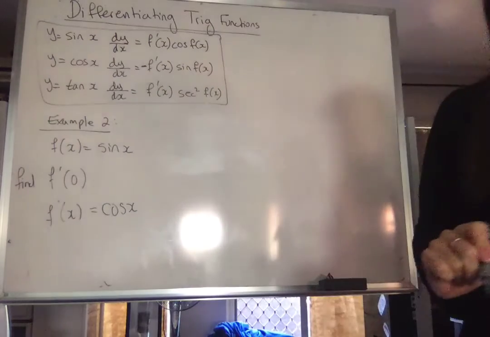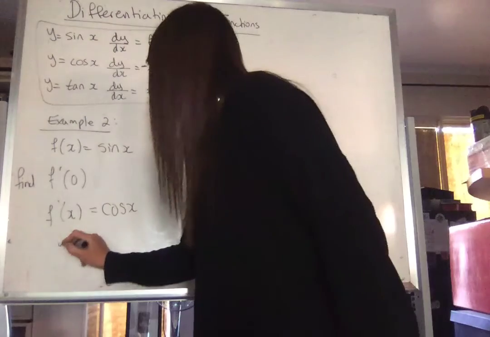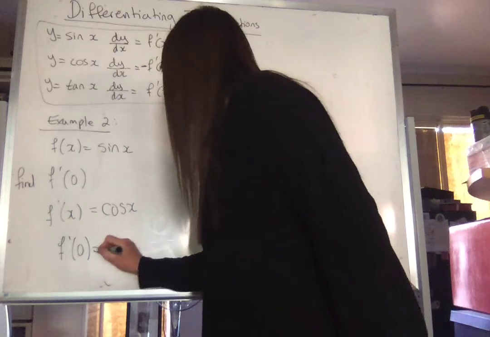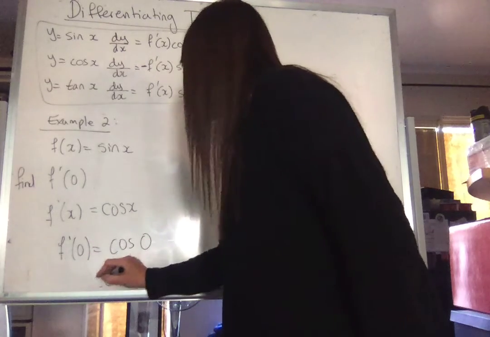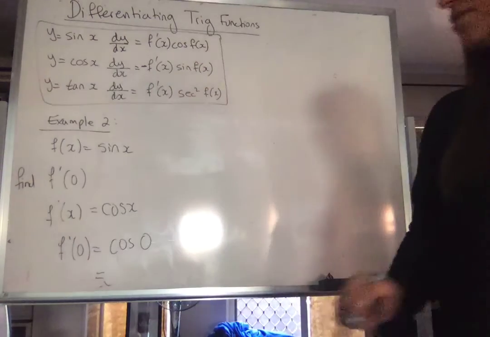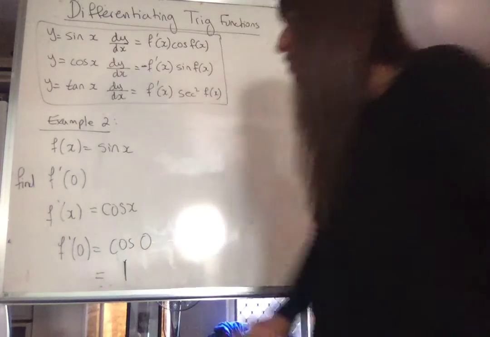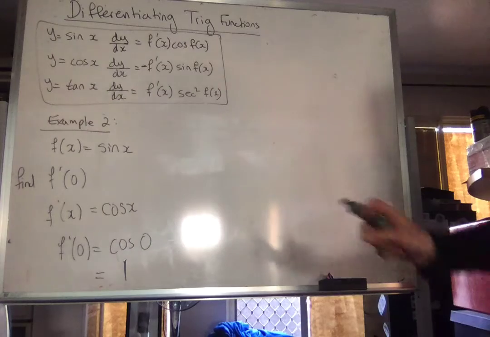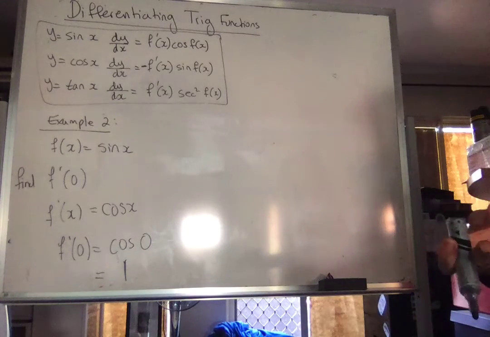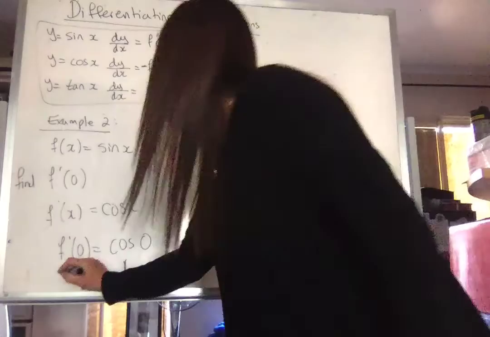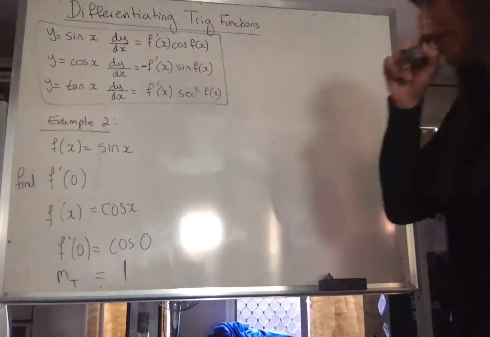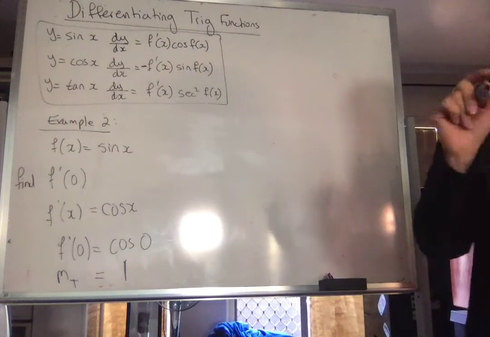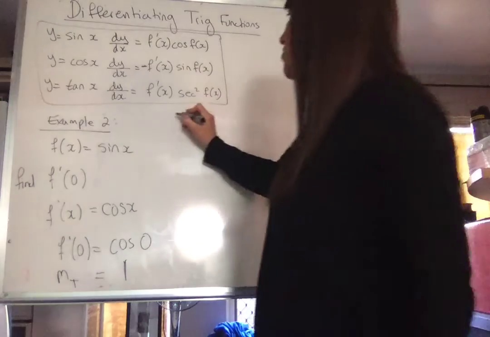All right, when I substitute 0, I end up with cos 0, which is equal to 1. Okay, there's 1. So this is the derivative, so this is the gradient of the tangent. And then I'm asked to find the equation of the tangent at the origin.